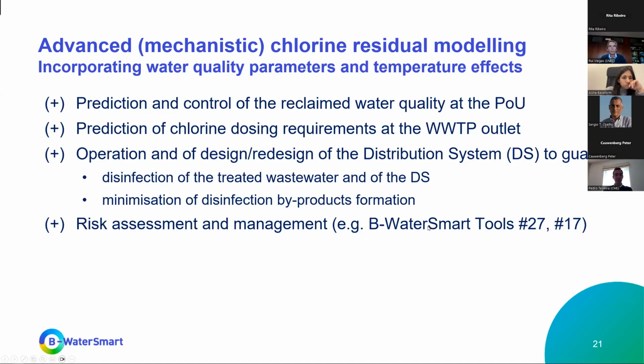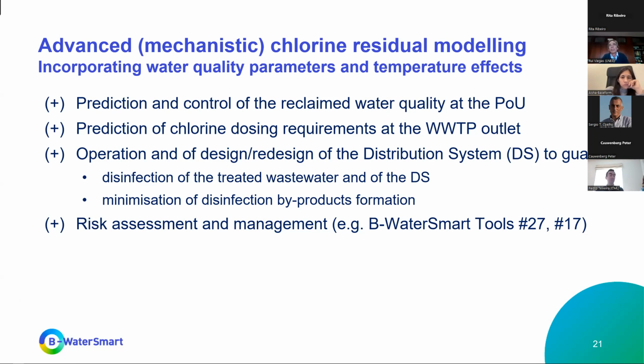So regarding this advanced mechanistic chlorine residual modeling that I've been showing, they have predictive ability and allow us to control the reclaimed water quality at the point of use, this is, at its use after the distribution network.